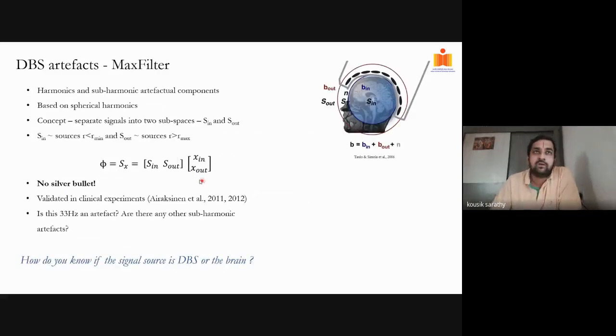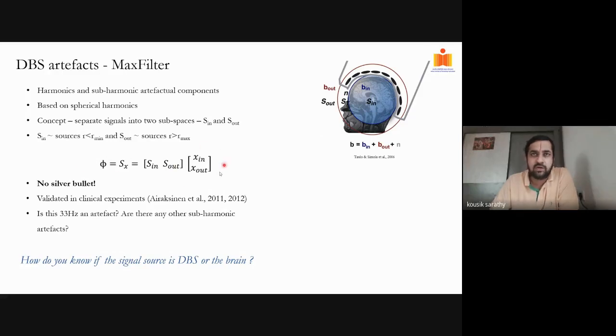Yeah. So typically what happens is your DBS source is somewhere inside the head, and your MEG array of sensors is slightly outside the head, which is outside the scalp. What we can then do is try and separate the source of the signal between things that are within the shell. You can model the brain as a sphere or a shell, and then you can separate out components within and outside.